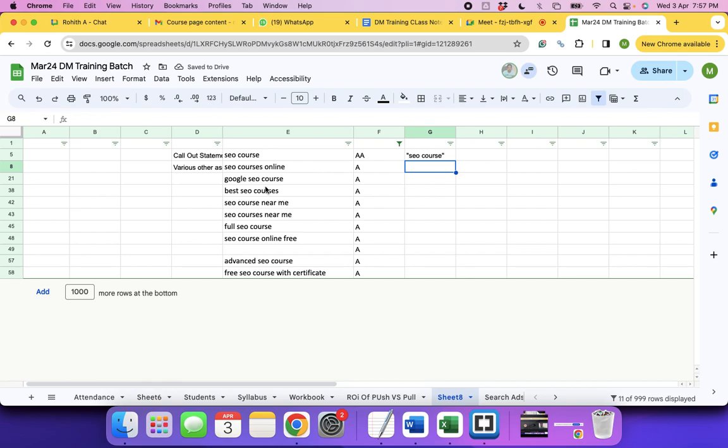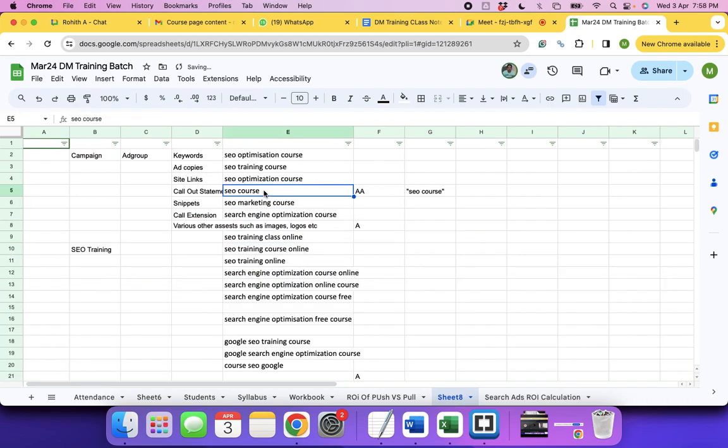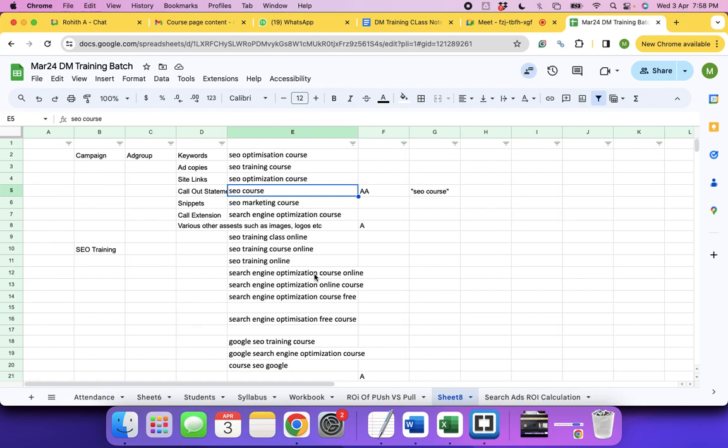Just make sure that SEO course has to be there next to each other continuously, and at the start or at the end there can be anything. If you look at this, at the starting there is best, and if you look at this, there is near me at the end. Correct? Full at the starting, correct? Free SEO. This is not the only keyword I am going to add. I am going to also pick other kinds of keywords. Now the other keyword will be, I'll group all SEO training course.